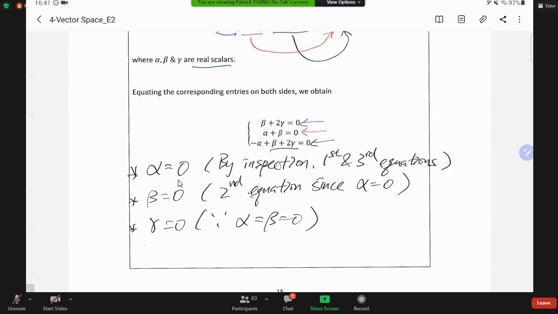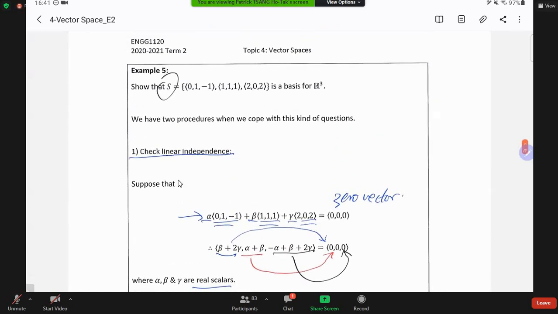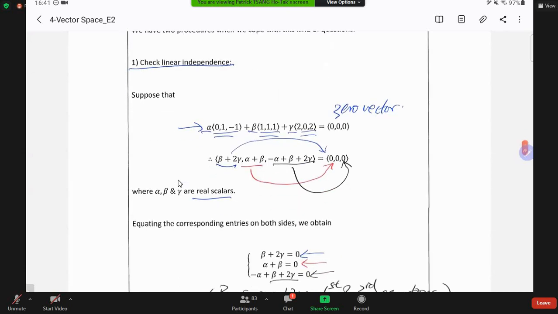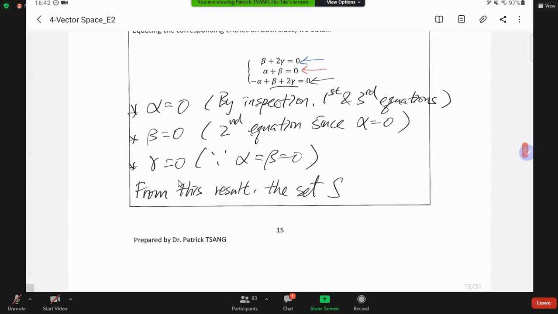Now, from this result, we can claim that the set capital S, the one used at the very beginning, nothing new, is linearly independent.